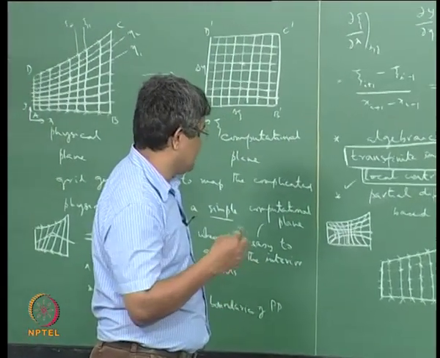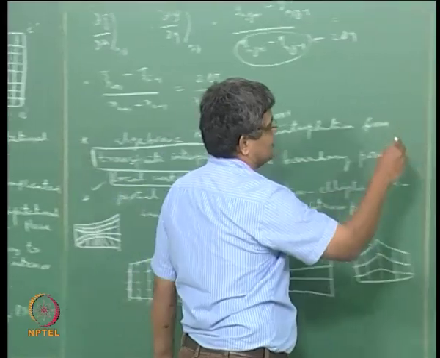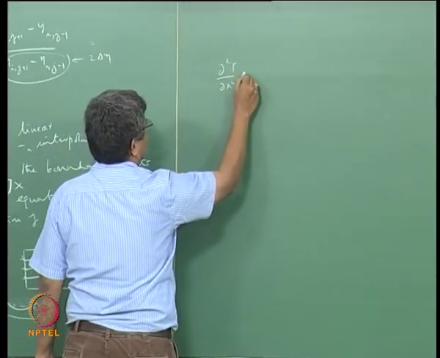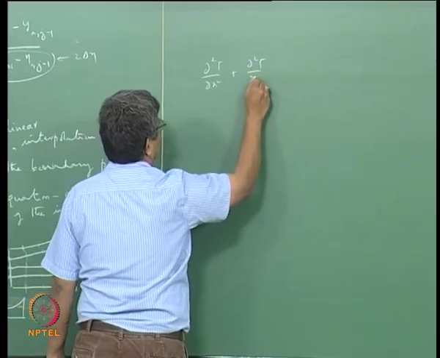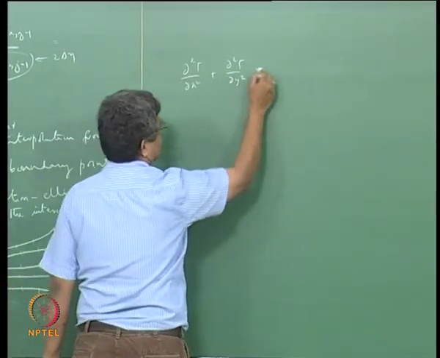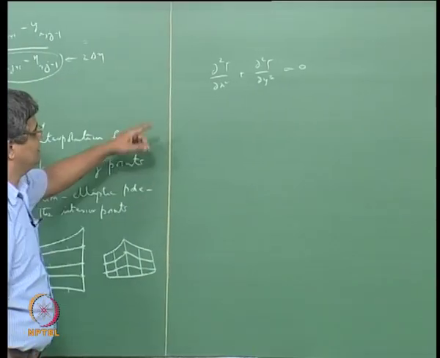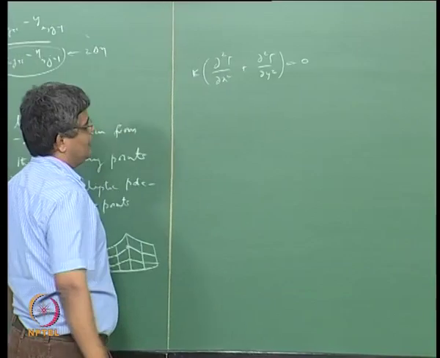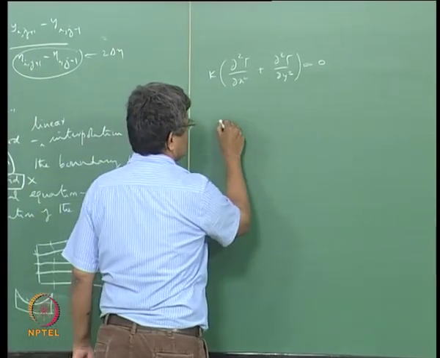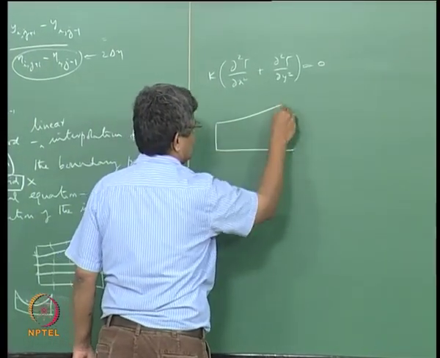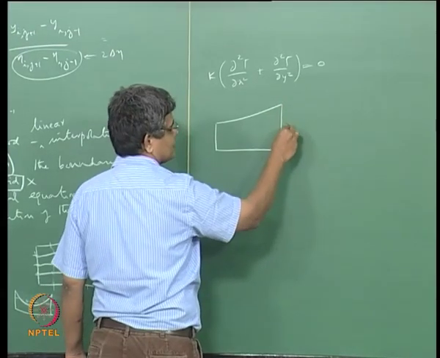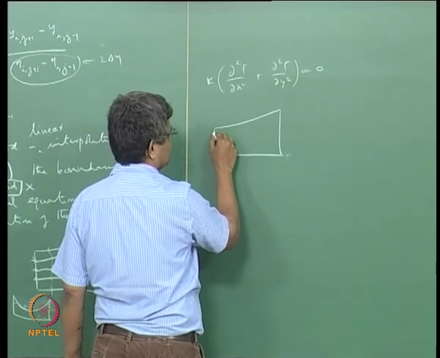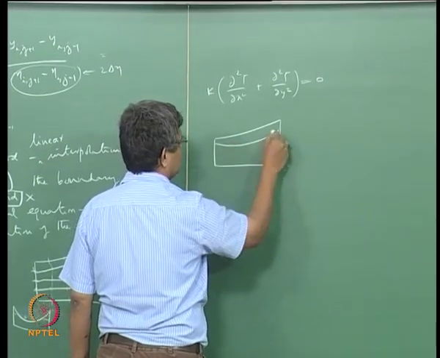For example, if we have temperature contours in the case of pure conduction, in which case they satisfy an equation like this, then we know that whatever the temperature boundary conditions are, the isotherms, the constant temperature contours, will always be smooth.